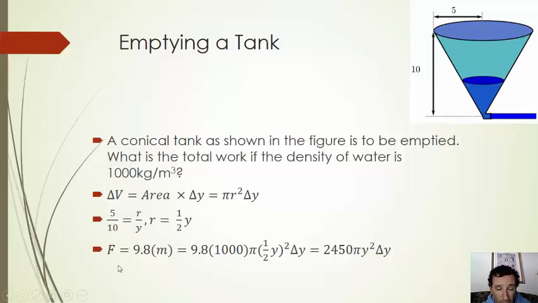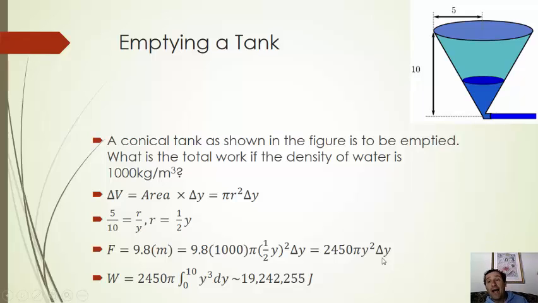Now that we know the force, it's pretty easy to find the work, because the work is just going to be the integral of the force times the distance. Our force was the 2,450 pi y squared delta y. The distance is just y, because we're dropping it down y. So y squared times y is y cubed.